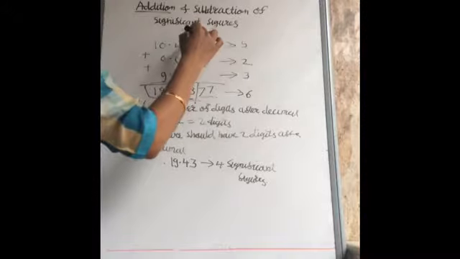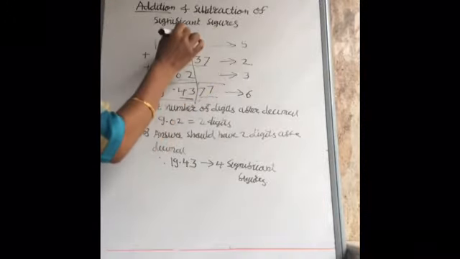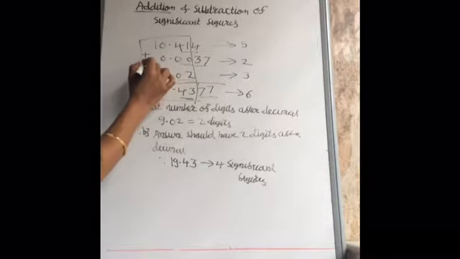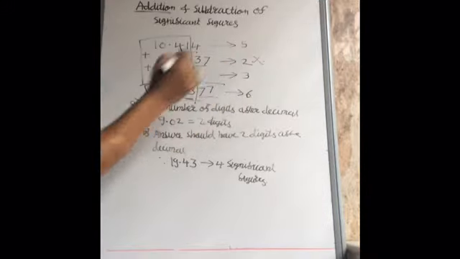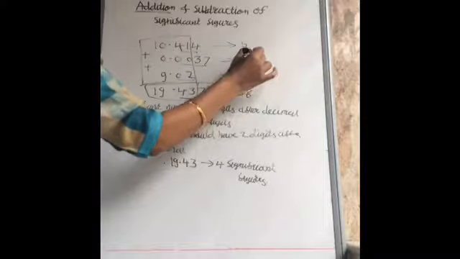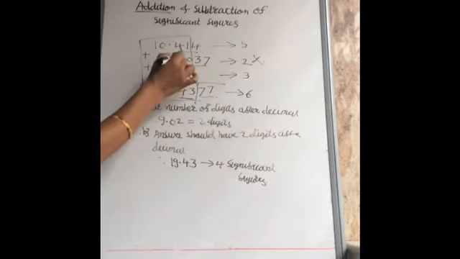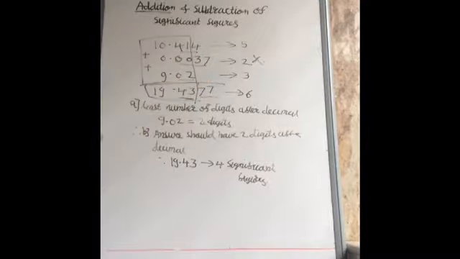If you notice, we only add this; this figure is totally out of our addition because its 2 digits after decimal are 0.00.